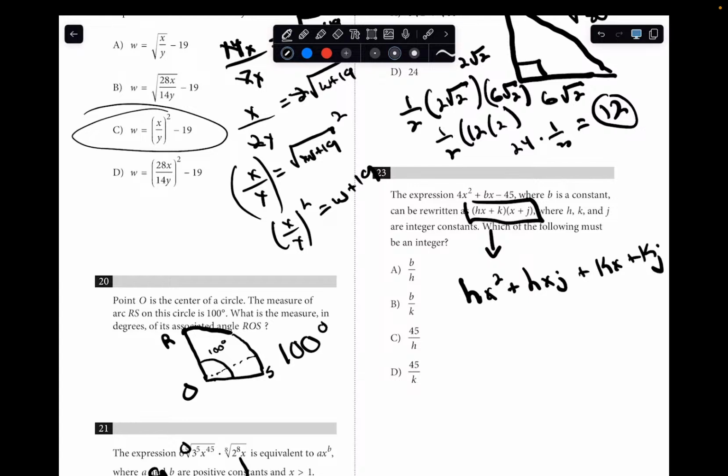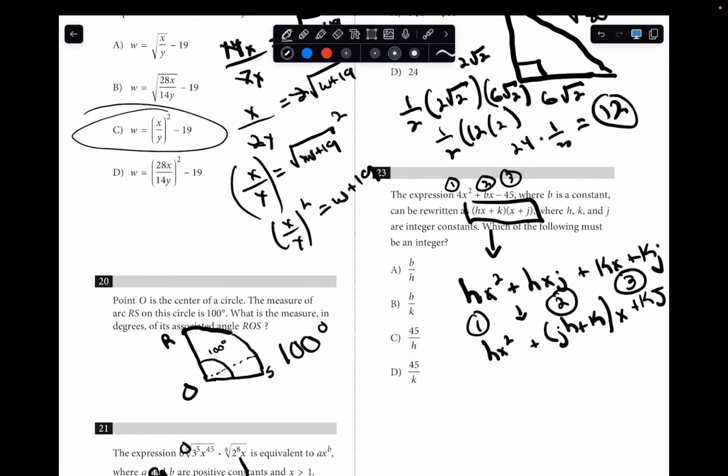And then they're saying you can simplify that to hx squared plus jh plus k, sorry about my handwriting, times x plus kj. And then they say therefore it is equivalent to the original expression.